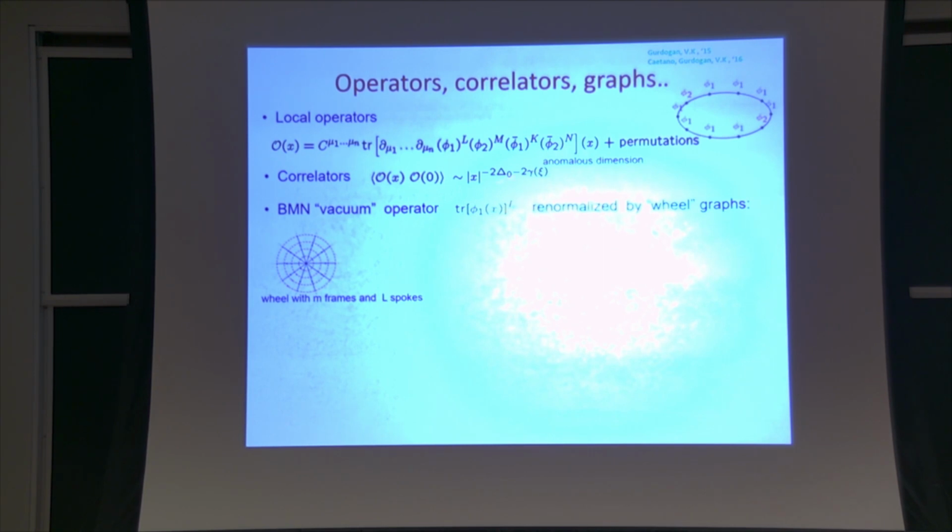And already it's easy to understand that this operator, trace phi1 to the L, which would be a BMN vacuum in the full, non-deformed theory, becomes renormalized by wheel type graphs, and this is the only type. Computing this graph is a very tedious problem.